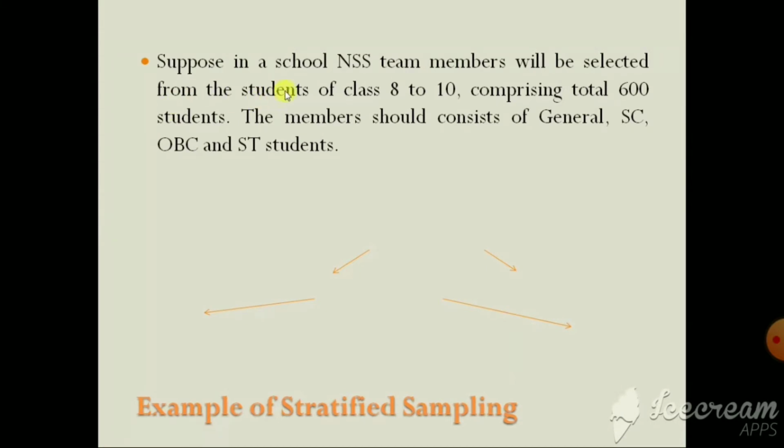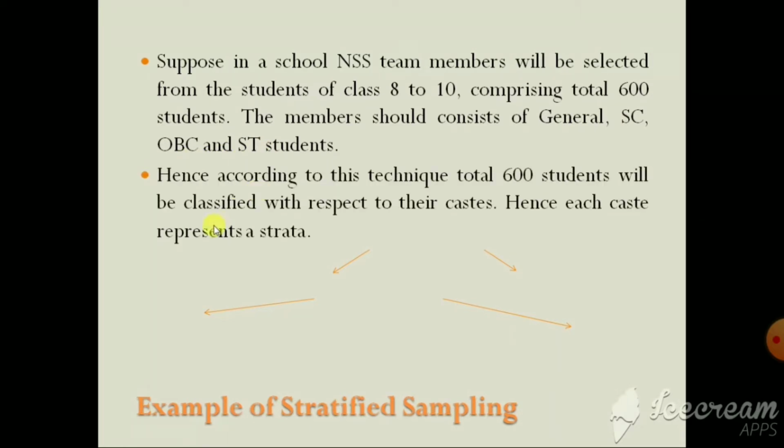Now an example of stratified sampling. Suppose in a school, NSS team members will be selected from the students of class 8 and 10 only, comprising a total of 600 students. The NSS team should consist of all kinds of caste students, that means general students, SC, OBC, ST, all caste students should be there. Hence, according to this technique, the total 600 students will be classified with respect to their castes.